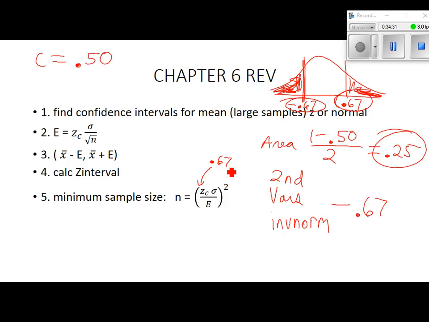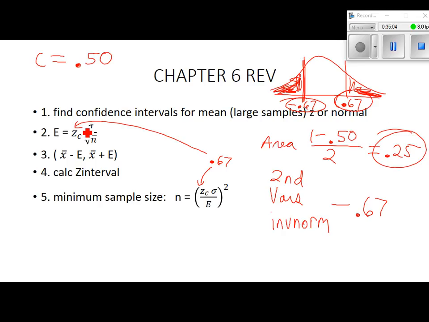Then you put in your sigma, you put in your margin of error, multiply, divide, then square that answer, gives you the minimum. Same thing up here, if you're looking for this, you're going to put that 0.67 in right there. That's to find the ZC. That's all that we just did was to find ZC, your critical value for the ZC.